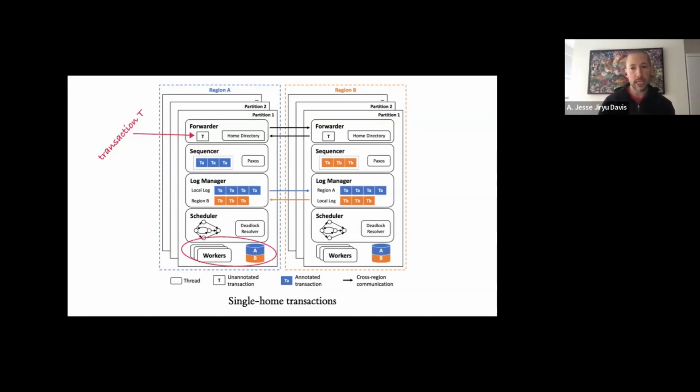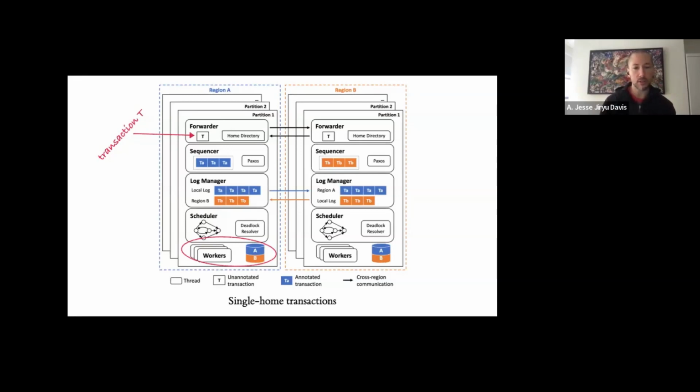The paper explains why single home transactions can't have dependency cycles with each other. I think basically it's because they are one-shot transactions which all arrive in a single request, and they've already been totally ordered by the sequencer. So they don't have any cycles, therefore there are no deadlocks.